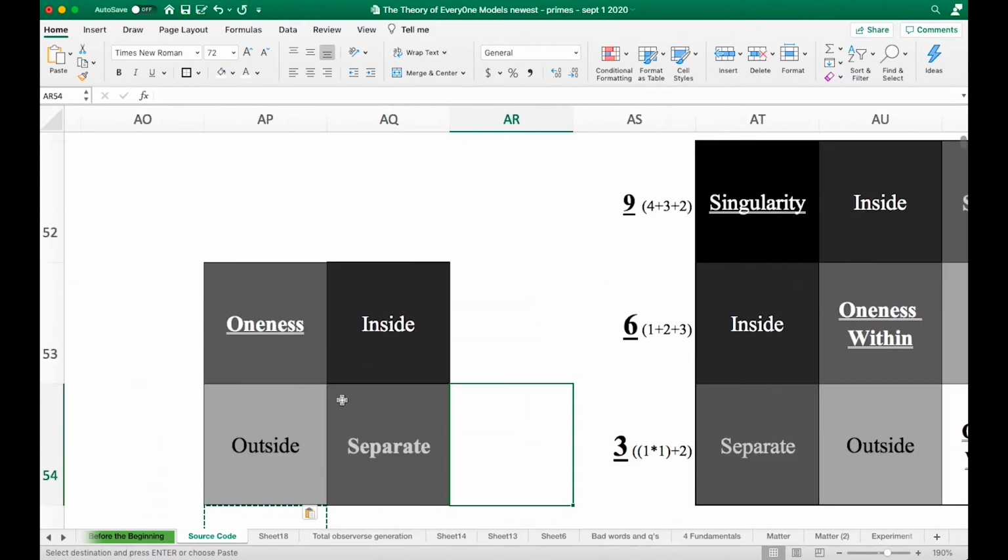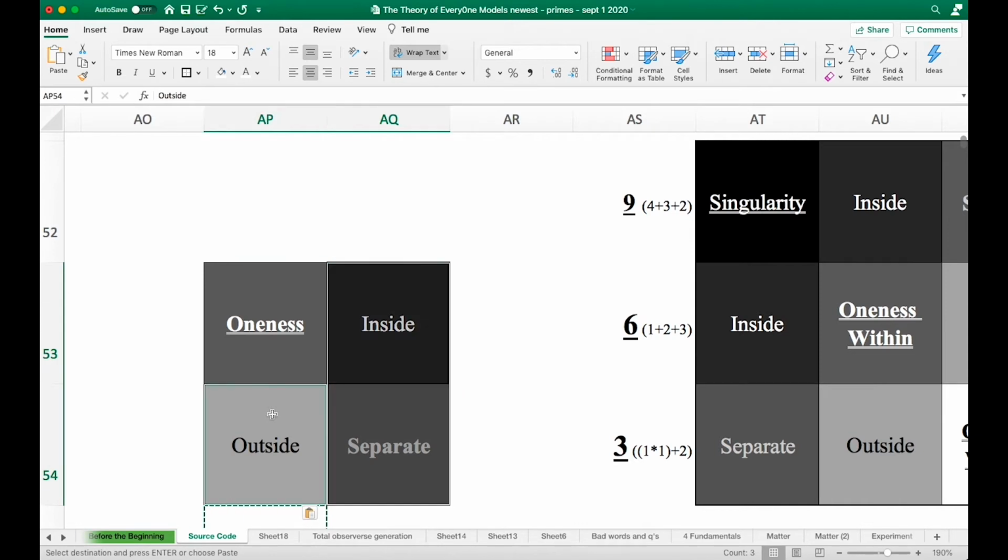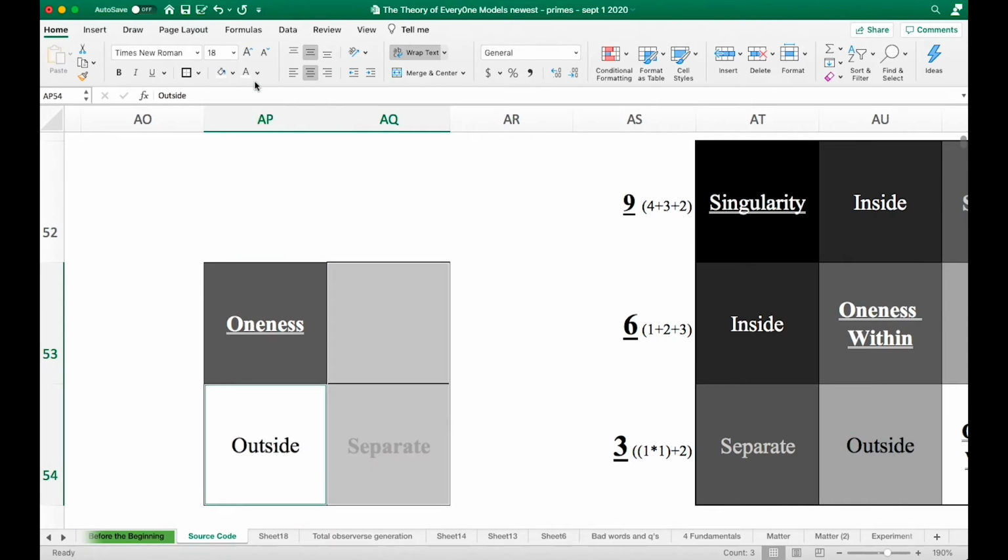The reason why is inside and outside are both separate. It's a superposition. And then you have oneness. So these ones are all separate, and then you have one oneness. This is a 3 and 1, which is not only 31, but also 13, and not only that, it's 4. Because obviously 3 plus 1 is 4, and this is just obviously 4.